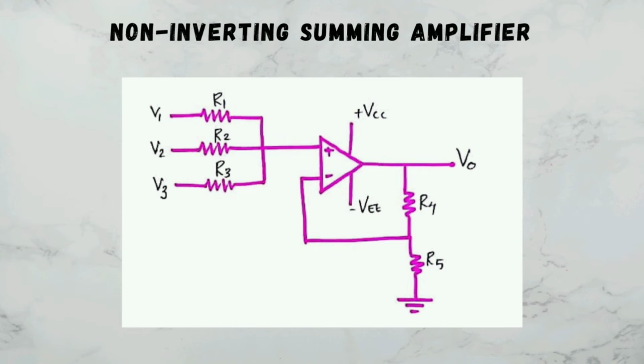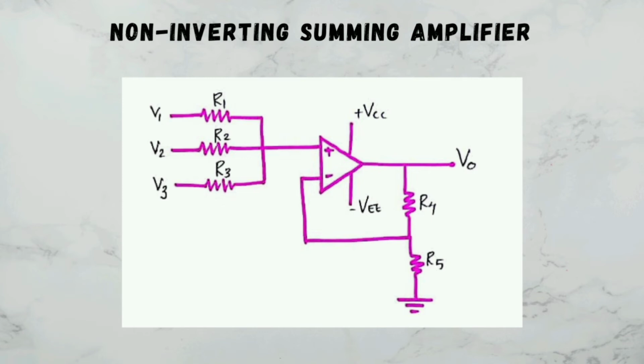We have an ideal op amp with applied voltages at the non-inverting terminal. At the non-inverting terminal, we have three resistors, R1, R2 and R3, along with the applied voltages V1, V2 and V3 respectively.